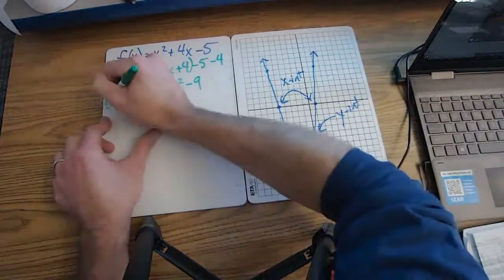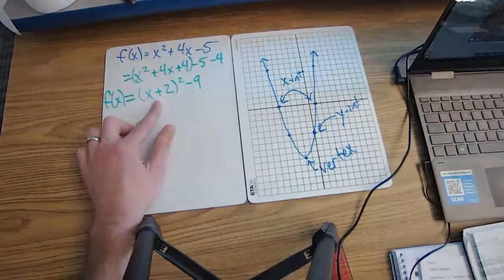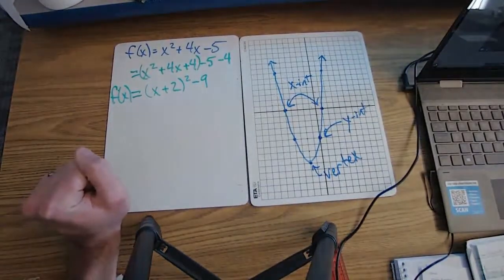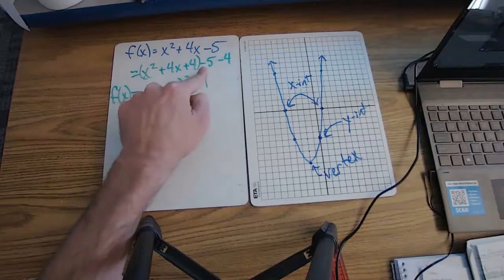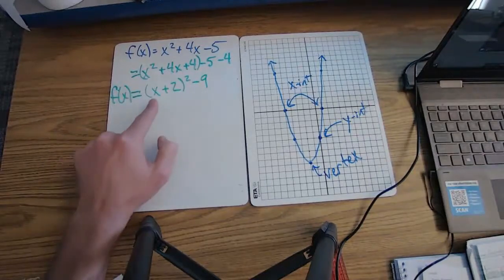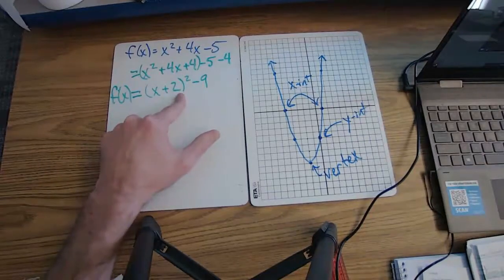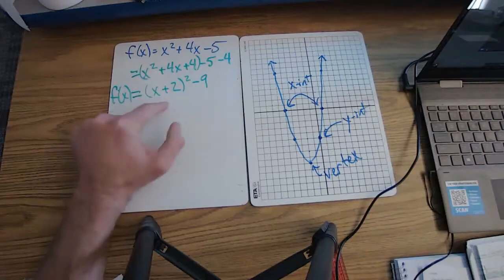There, I have my vertex form. Okay, this method is called completing the square. Right? I turn that into a perfect square that I could factor. We'll talk about factoring later.